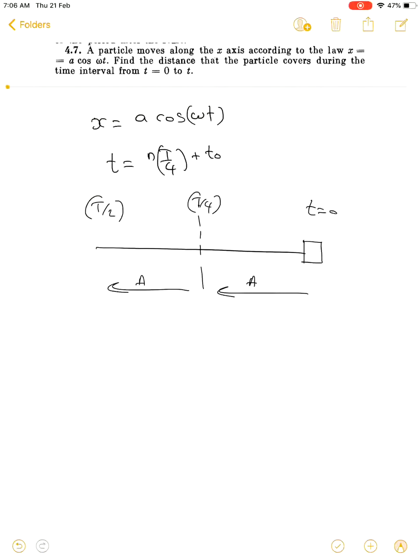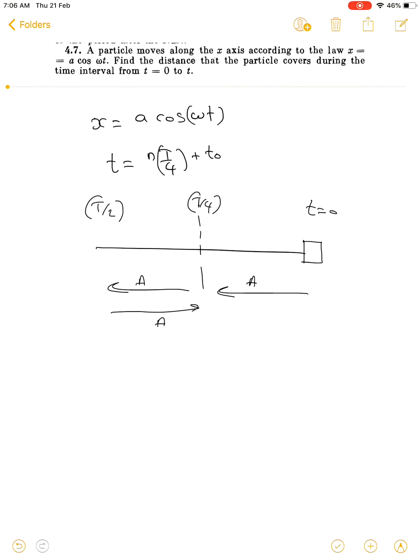And at 3T/4, it will travel a distance of 3a. Like that, if the time is n times T/4, the distance traveled by the particle will be n times a.